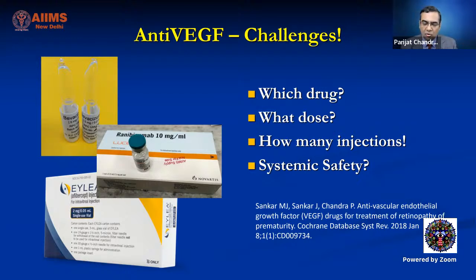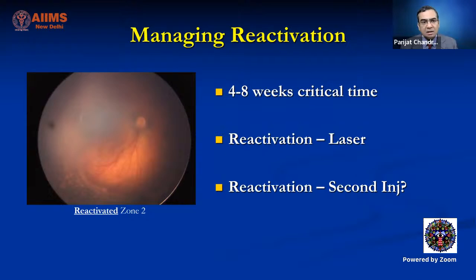A lot of reports have come. A lot of people have studied the neurodevelopmental anomalies and other safety aspects and VEGF levels, and it's pretty safe in that regard. People have compared through various studies, and the safety issues are not significant enough as yet to not inject, because the benefits clearly outweigh the risks involved.